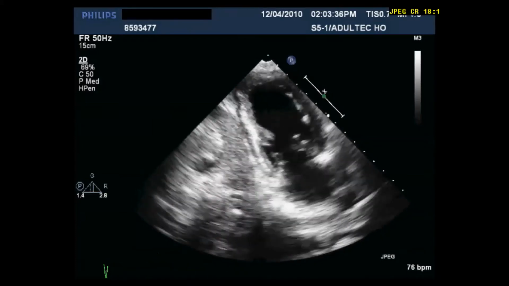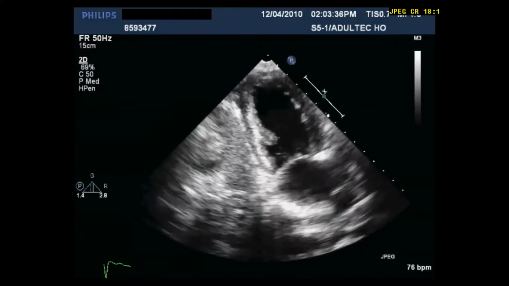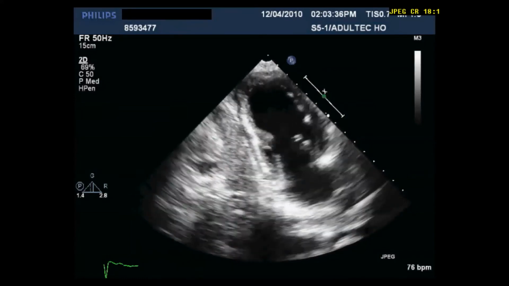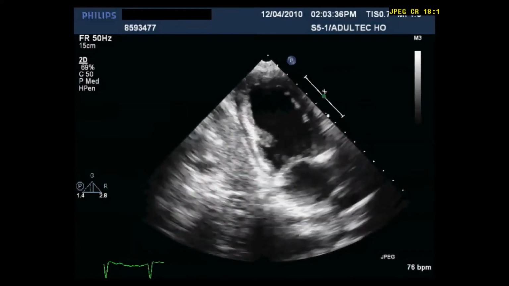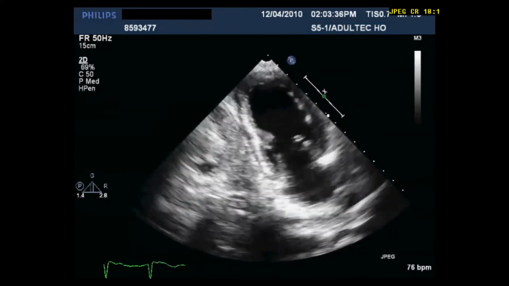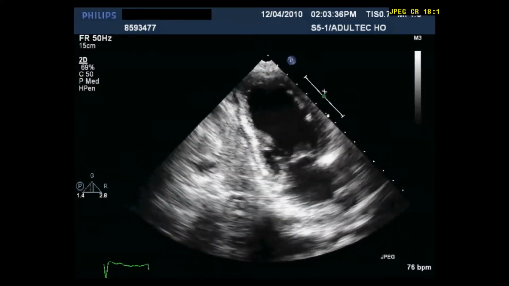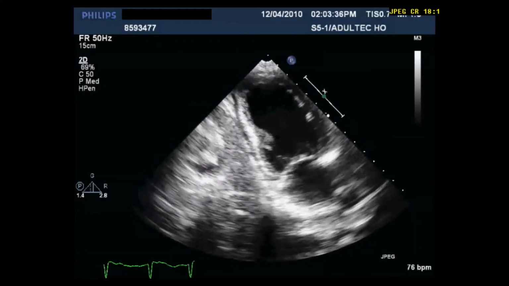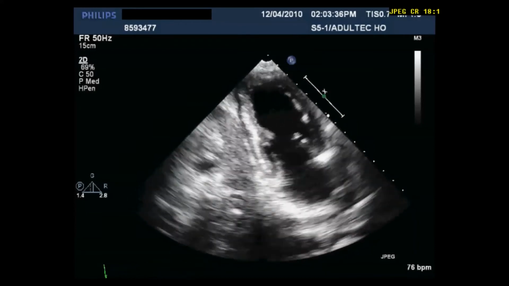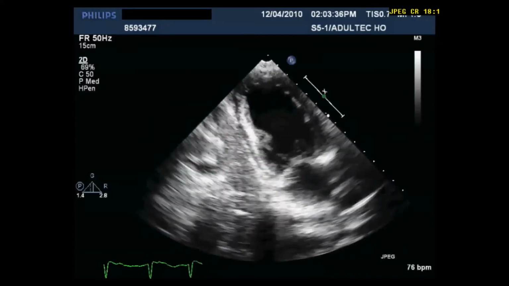So what do you think about it now? It's an apical two-chamber view. Yes, very good. Apical two-chamber view. That's absolutely right. What else? I think there is a ruptured chordae. Posterior chordal rupture.